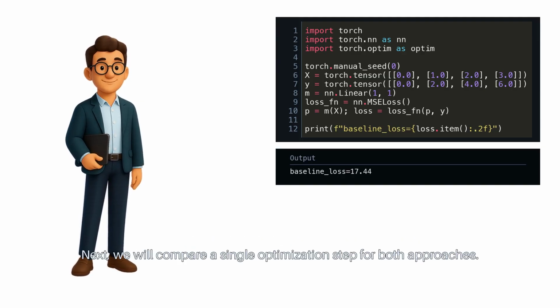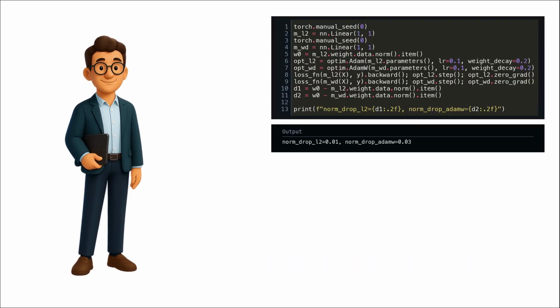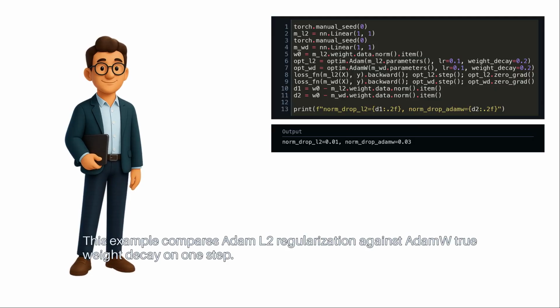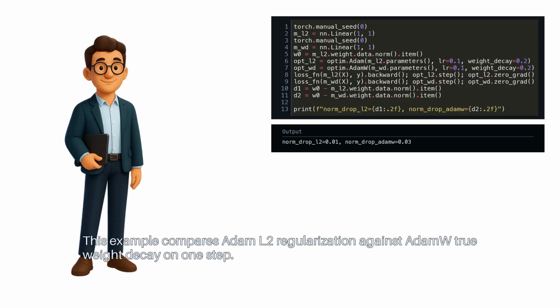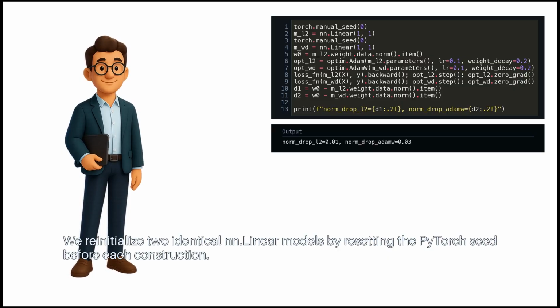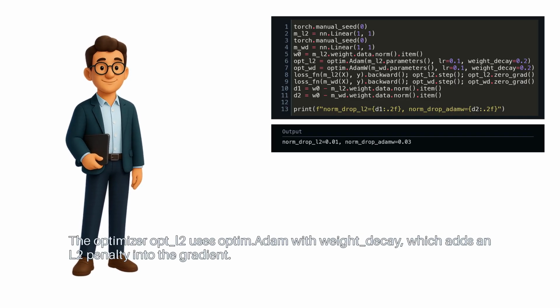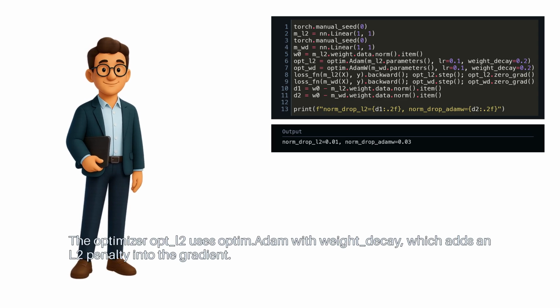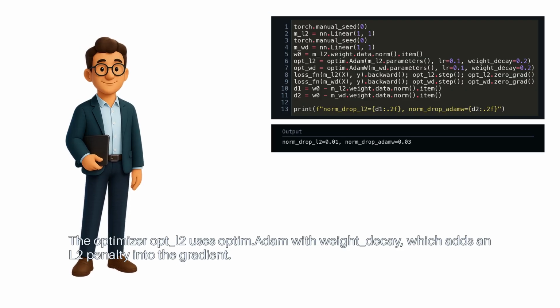Next, we will compare a single optimization step for both approaches. This example compares Adam L2 regularization against AdamW true weight decay on one step. We reinitialize two identical nn.Linear models by resetting the PyTorch seed before each construction. The optimizer opt_L2 uses optim.Adam with weight decay, which adds an L2 penalty into the gradient.